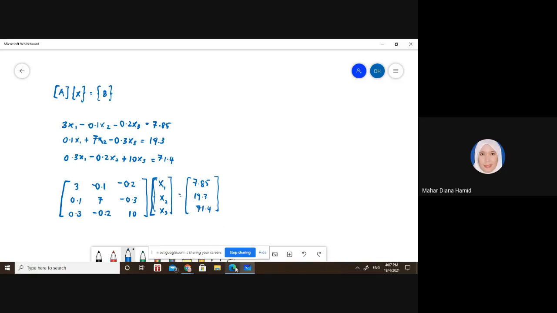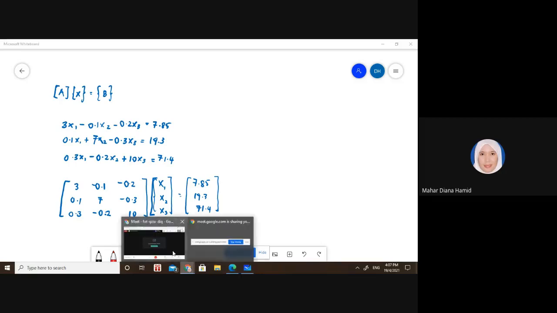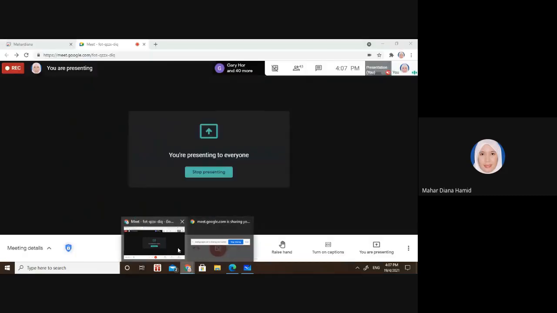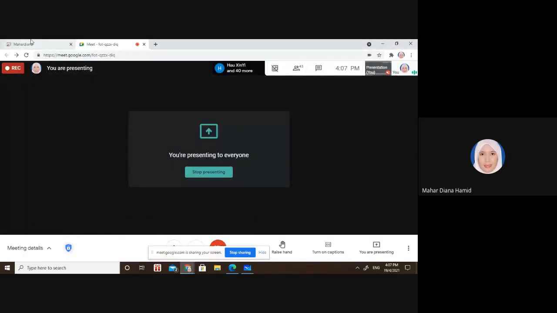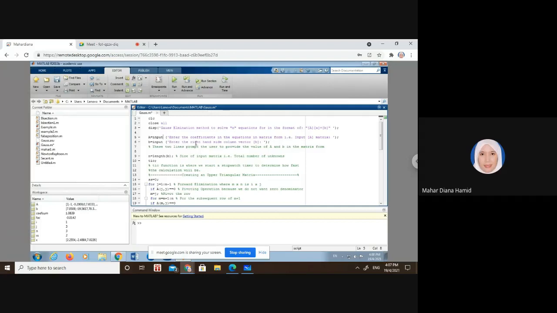So in the MATLAB program that you are going to write in tutorial 4, we are going to insert the values of the coefficient A in matrix form.